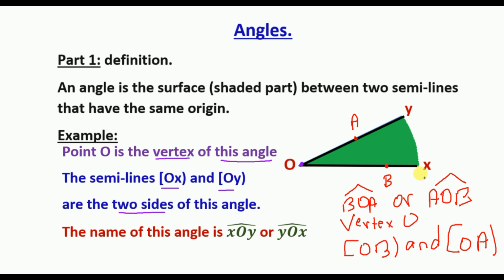In fact, angles XÔY and BÔA represent the same angle because we have the same shaded part for both. And we named the same angle in four different ways: XÔY, we can name it YÔX, we can name it BÔA or AÔB. So we have the right to use either small letters here or capital letters.